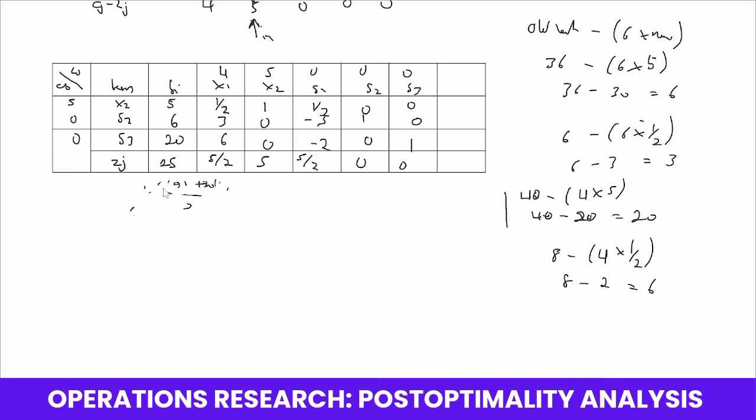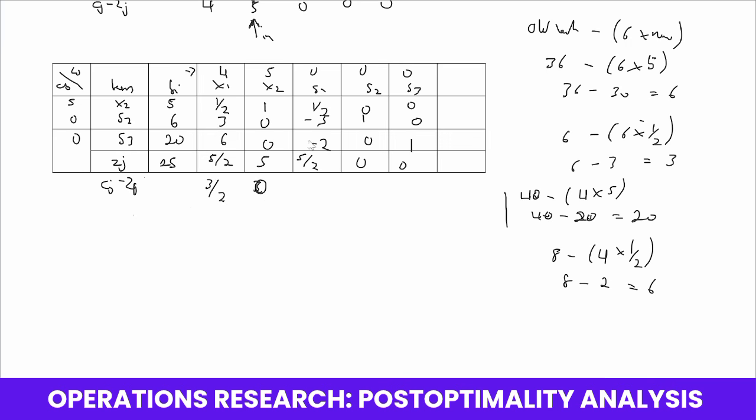So CJ minus ZJ values. So these are CJ values. 4 minus 5 on 2, that will give us, sorry, 3 on 2. And then 5 minus 5 will give us 0.